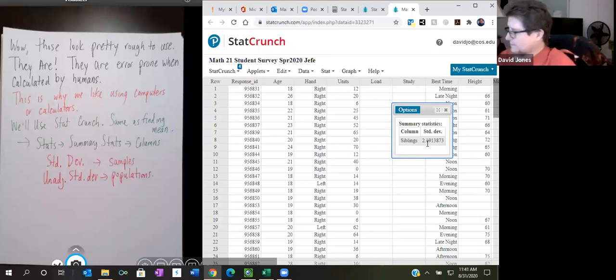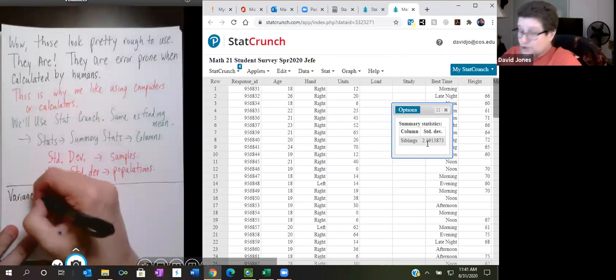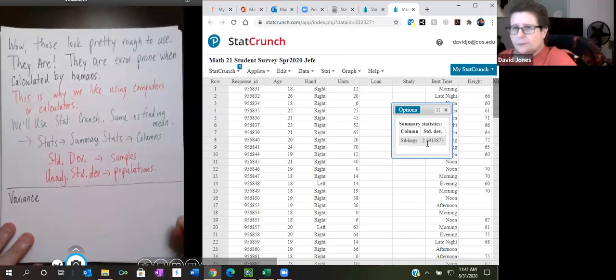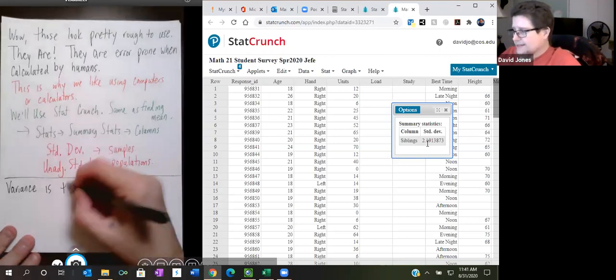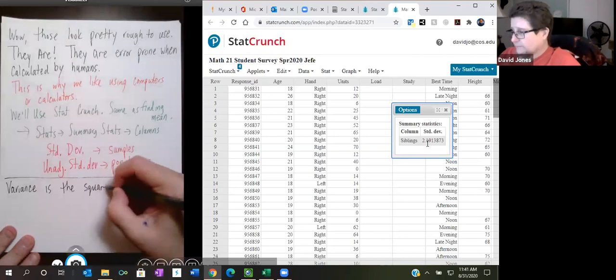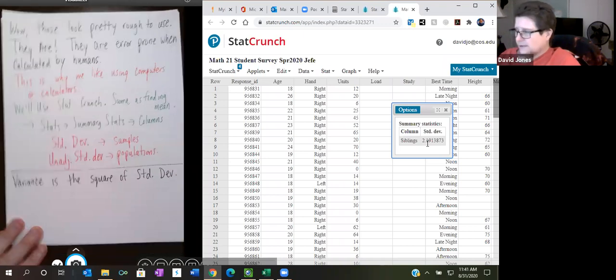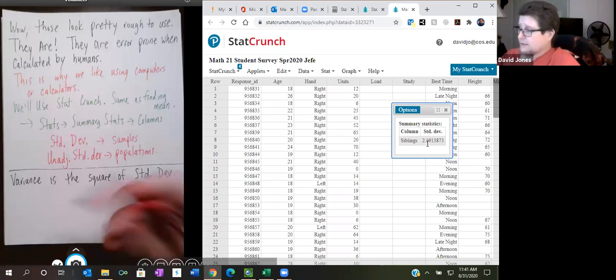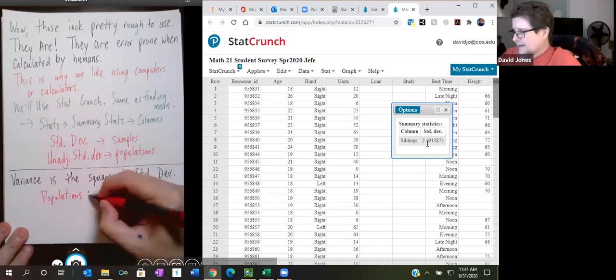How this relates to variance: you do a lot with variance. This is an introduction to stats, but if you pursue stats and do a lot more with it, you'll use a lot of variance as well. Variance is the square of standard deviation. Okay. So for populations, we have sigma squared.